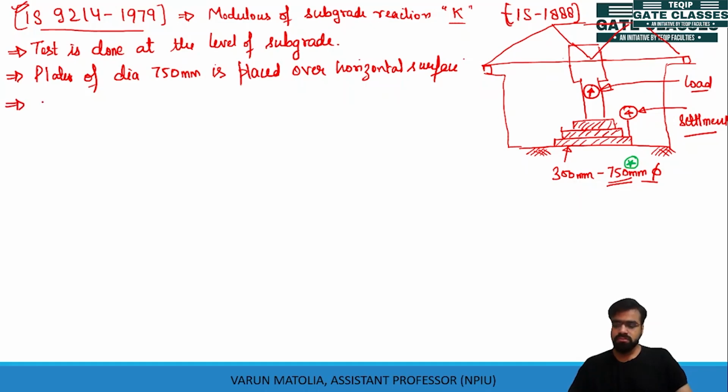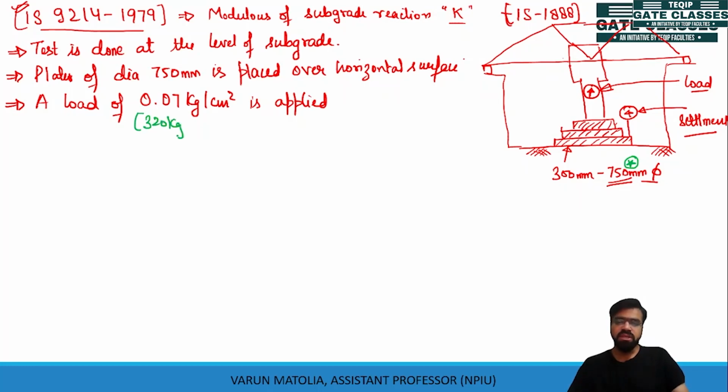Then a load of 0.07 kilogram per centimeter square is applied. So what is this load? We can write this is around 320 kg for a 750 mm plate. Why is this applied?